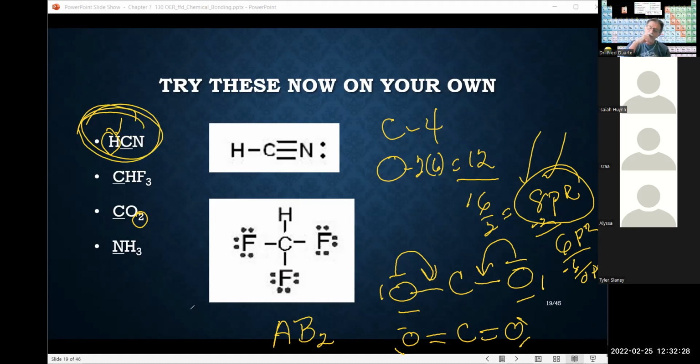More importantly, we're going to learn in a bit that this geometry for carbon dioxide gives it the property I mentioned earlier about polar and nonpolar. Because of the geometry, it actually makes it into a nonpolar molecule overall, even though it has what we call polar bonds. More on that in a bit.